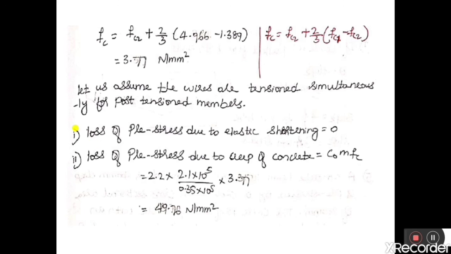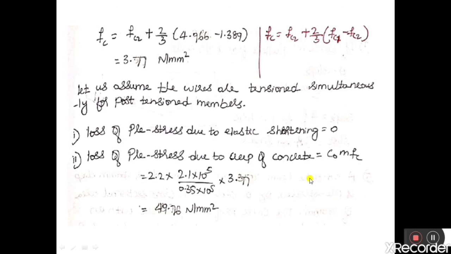Firstly, loss of prestress due to elastic shortening is equal to 0. It is 0 when the cables are pulled simultaneously. If there are 10 cables and all 10 cables are pulled together, then the loss due to elastic shortening is 0 in case of a post-tensioned member. Second, loss of prestress due to creep of concrete.